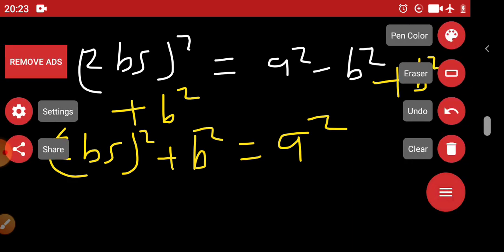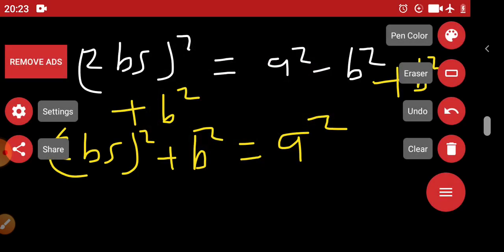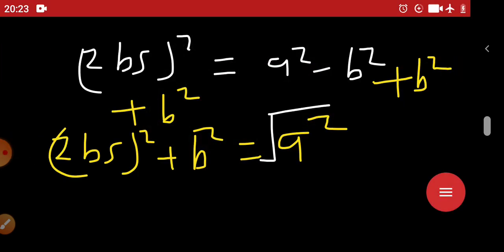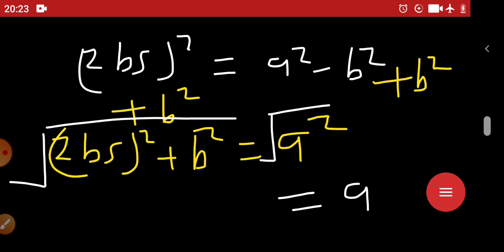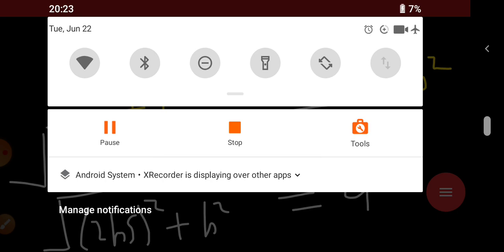How do we remove the squaring? We need to take the square root of both sides. So this will be a, and this side will be the square root of 2bS squared plus b squared. So we've made a the subject of the formula.